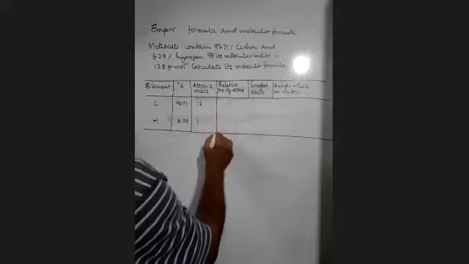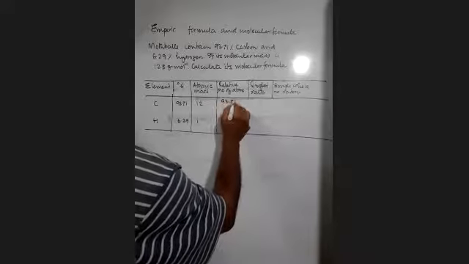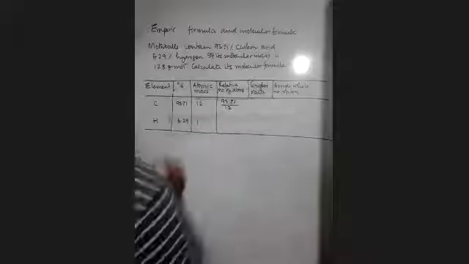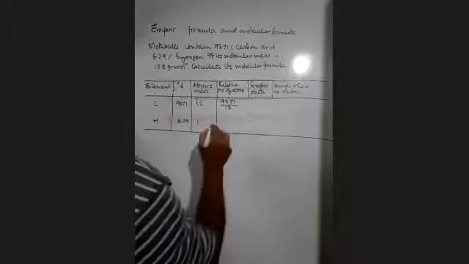Now, relative number of atoms, no problem. 93.71 divided by 12. You have to divide this by atomic mass. 6.29 divided by 1. I'll write this a little close to this one. 93.71 divided by 12, I'll write the value here. 6.29 divided by 1, obviously it is 6.29.